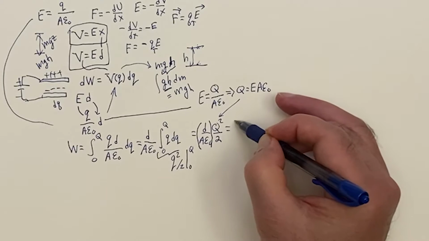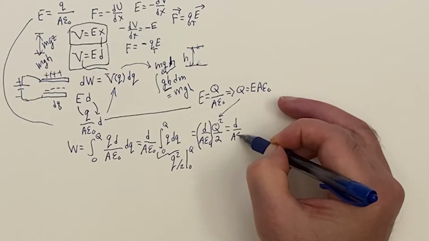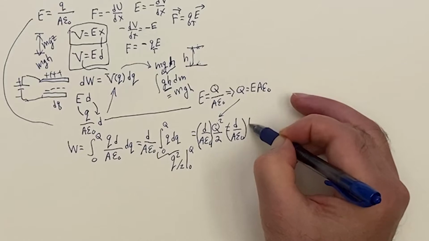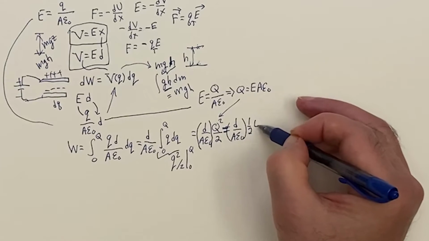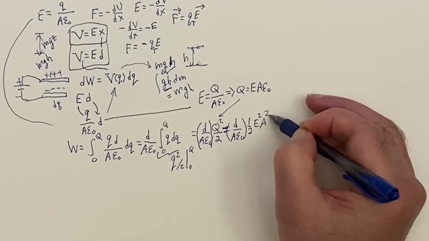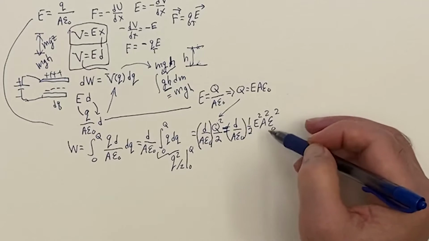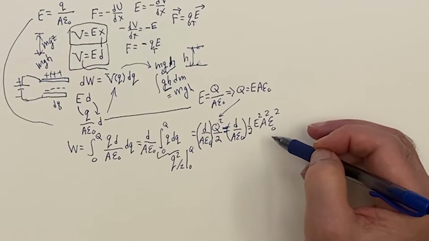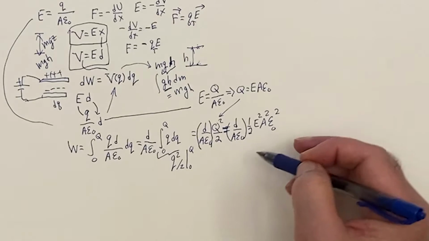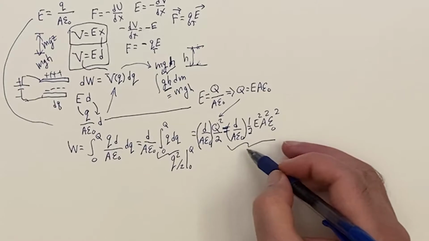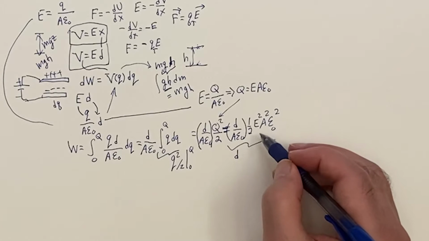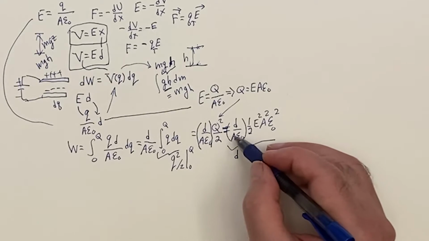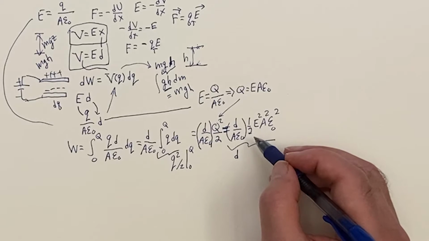So when we do that, we'll have the dA epsilon naught, we'll have the 1/2 floating around, and then we square this thing, E squared, A squared, epsilon naught squared. So when we do that and simplify here, the D survives. Here, one of the A's is going to cancel.